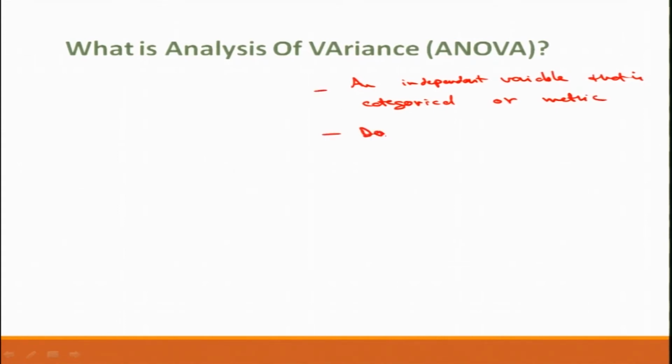However, the dependent variable is metric. In business terms, if this variable is metric, we call the term analysis of covariance.